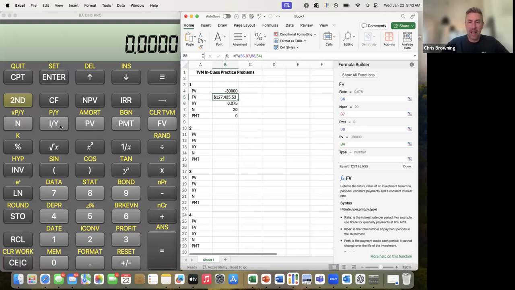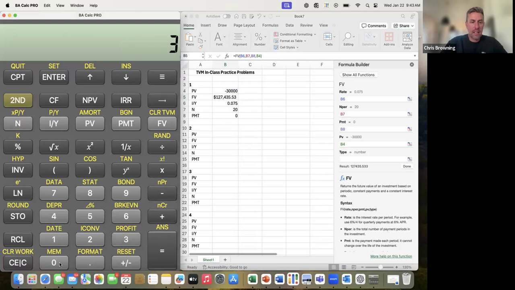What does matter is the order in which we push the buttons, okay? So I'll illustrate that as we work this problem. All right, so we have all of our stuff over here. Let's see if we can match our future value answer of $127,435. Okay, so it said we had a $30,000 outflow as our present value, okay?